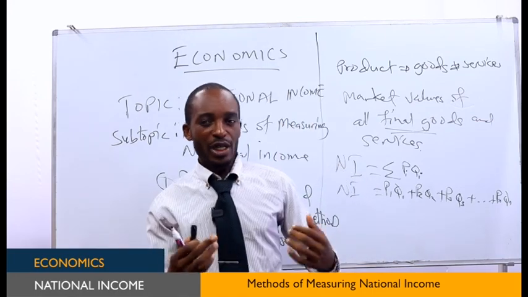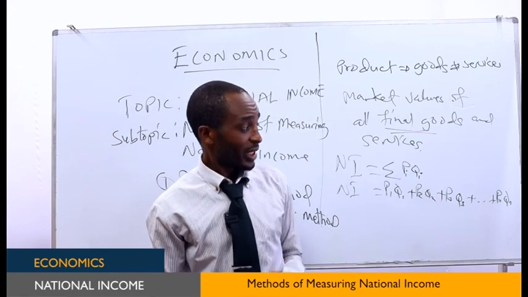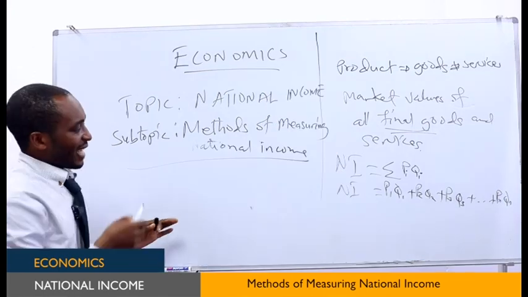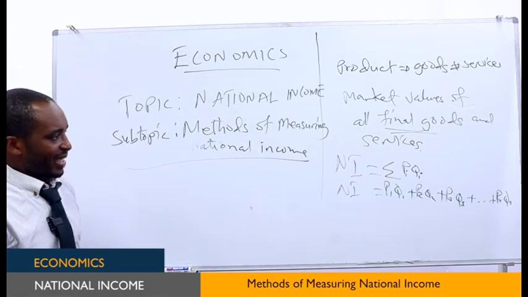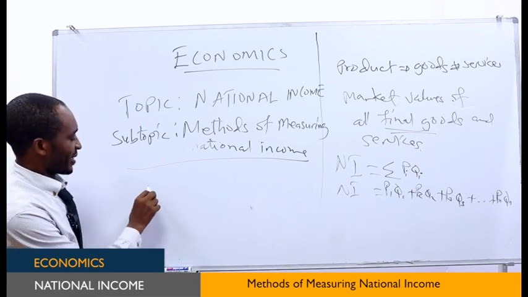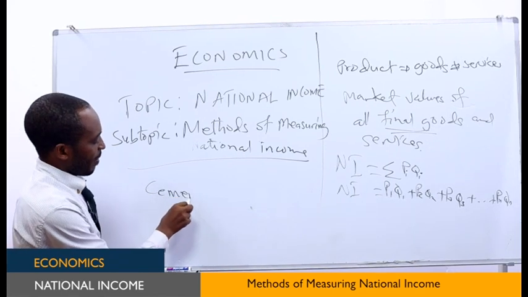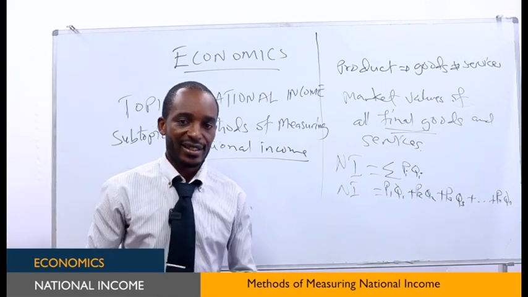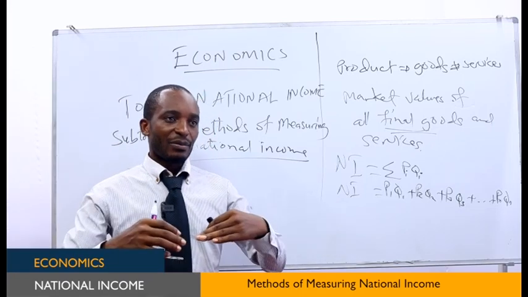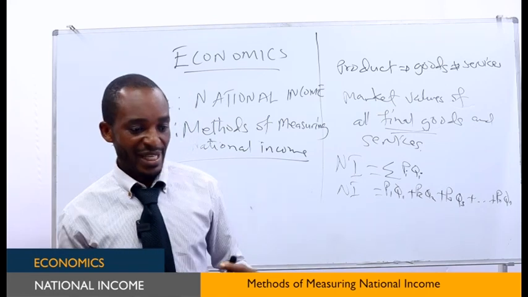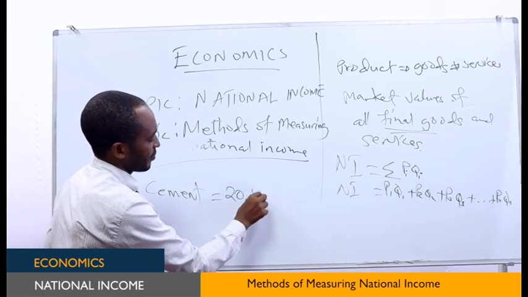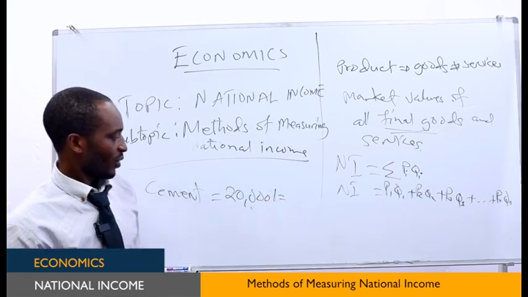Sometimes, to avoid double counting in this method, you can use the value-added method or the value-added approach. Let us consider, for instance, a commodity like cement, which is produced by a certain company or industry. And we know maybe the prevailing market price of cement is, let's assume, 20,000.